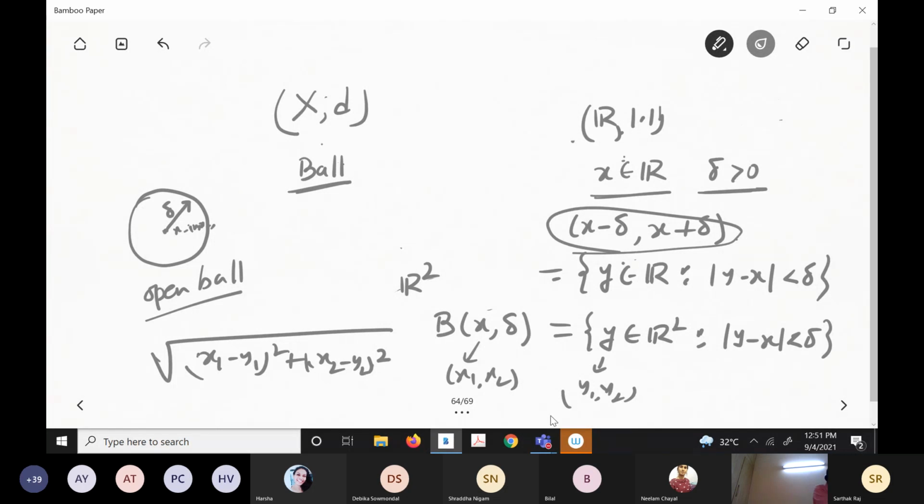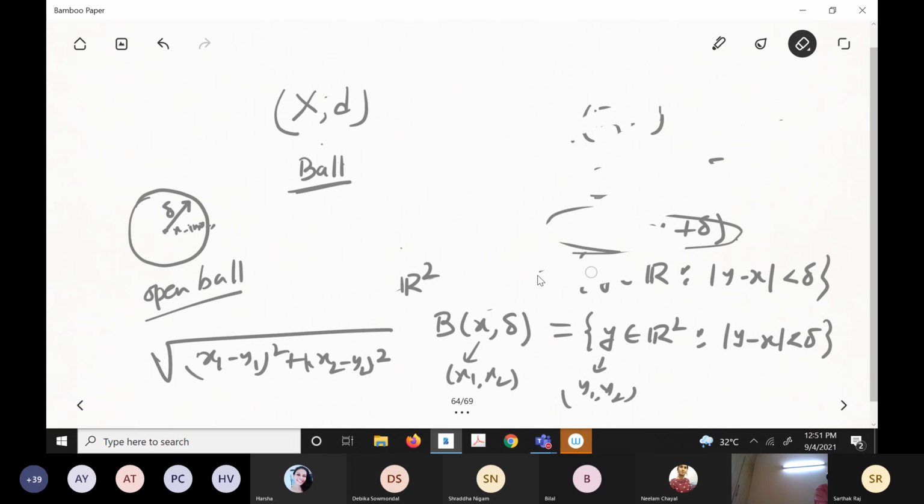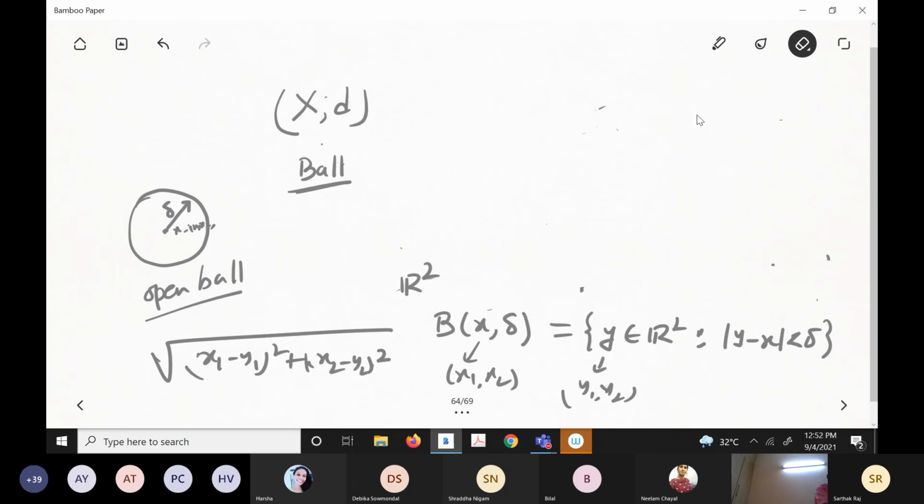Now this will be the better thing to do. In X, d, if I want to have this concept of open ball, then how will I write it? Look, just imitate this definition. Take a point x belonging to X; I want to define this ball centered at x with radius delta.